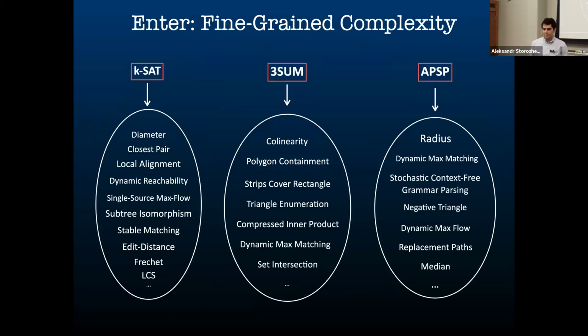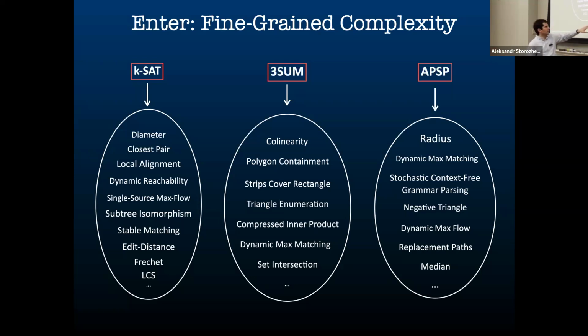And we've been designing all these cool reductions that let us show some more understanding of what's going on by pointing at some core problems, some conjectured hard problems that a lot of people have thought about for many, many decades, and have good reasons to think they're not solvable any faster. And then using those conjectures, we can classify dozens and dozens of other problems.